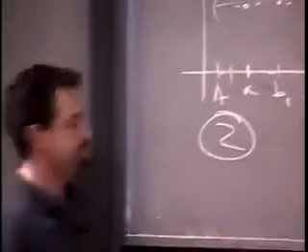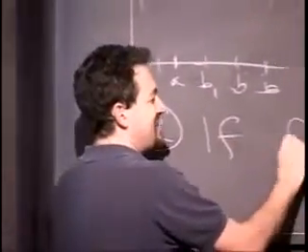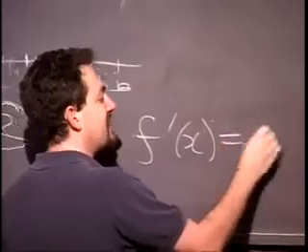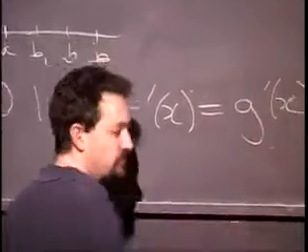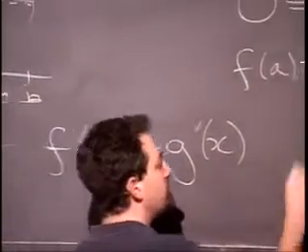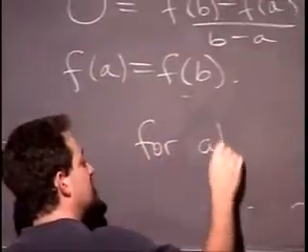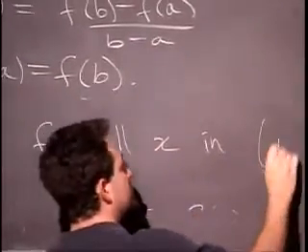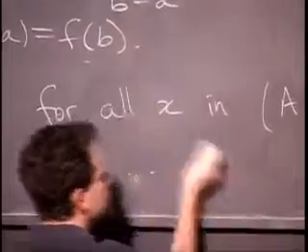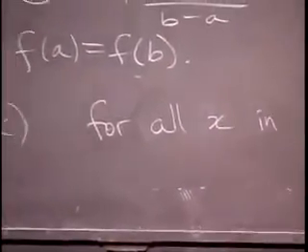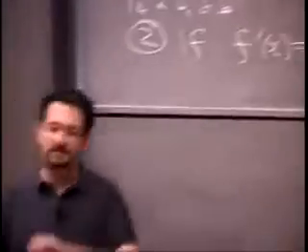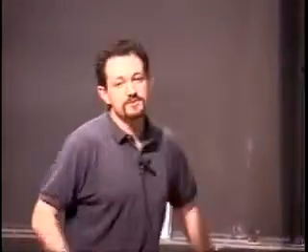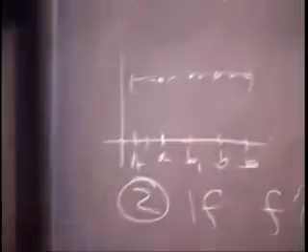2. Suppose that f prime of x, and this is actually the most useful thing, if f prime of x equals g prime of x for all x in some interval A B. So two functions have exactly the same derivative everywhere. They're both differentiable everywhere on this open interval A B, and they have the same derivative. What can you conclude? I ask you, people in the room, not people online.